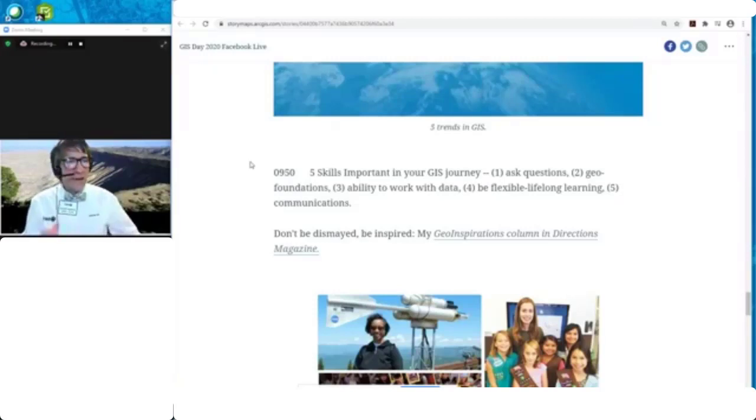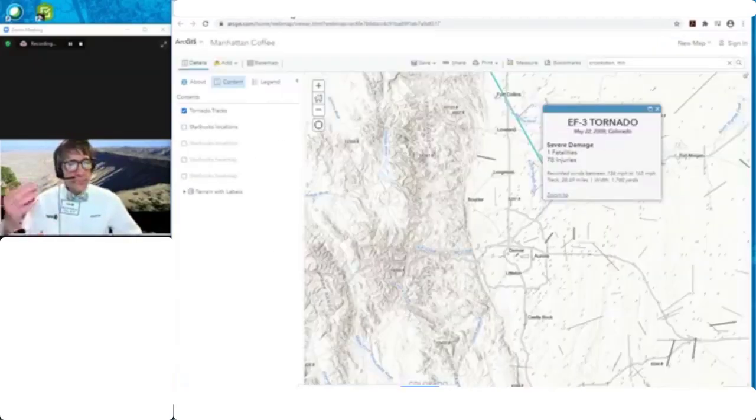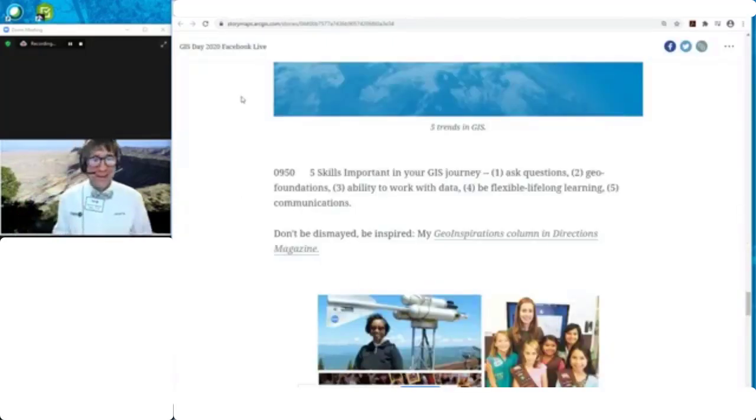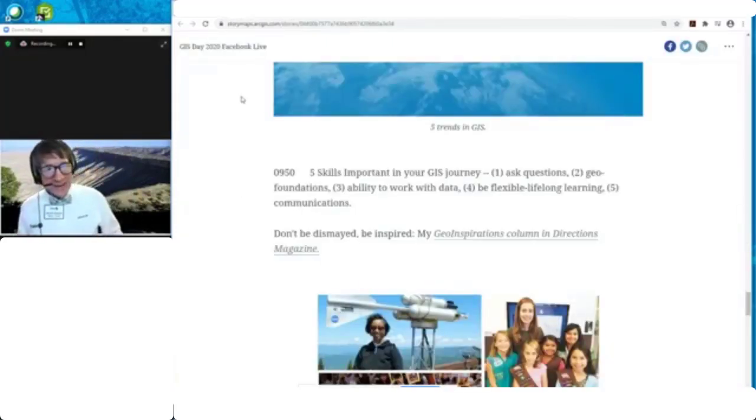It's great that we have these tools where I can just add data into ArcGIS Online, for example. However, it's important to understand where that data came from. And if you're producing data, you want to practice good stewardship of that data, and you want to populate it with metadata.